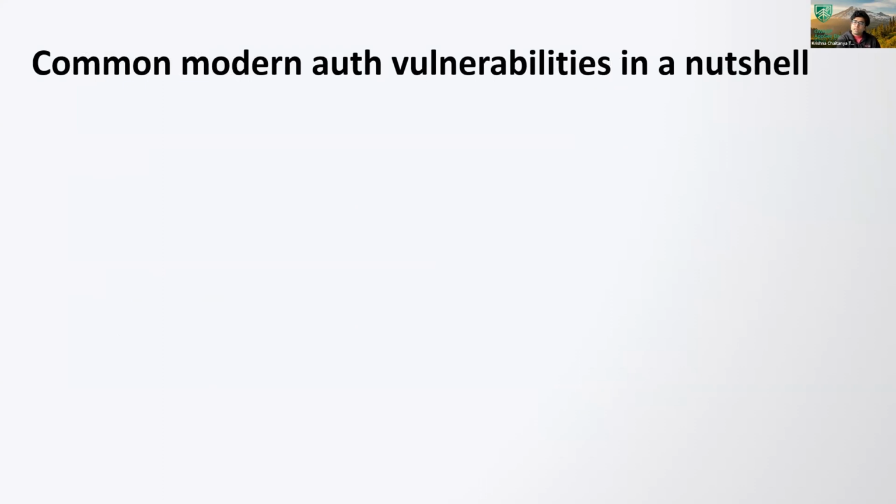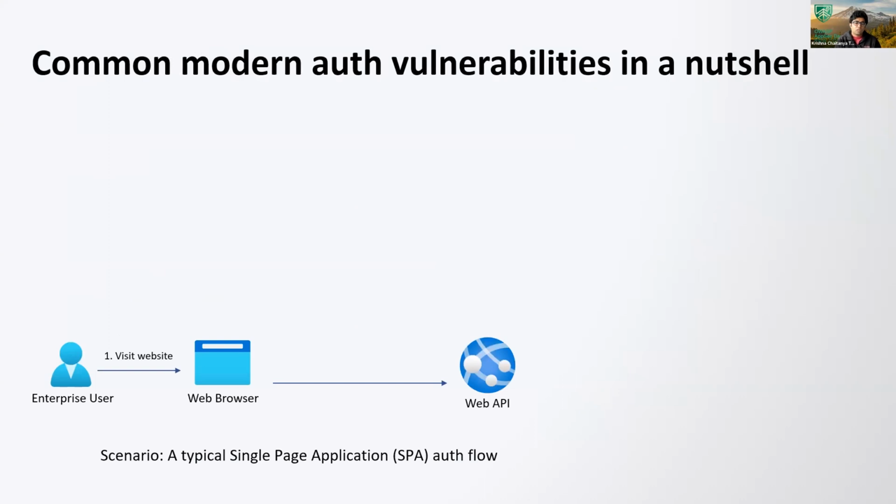But first, let me take a very basic scenario, which is a simple enterprise user using a web browser and trying to access a web API. Like I showed a couple of slides ago, there are several feasible scenarios, and it's not practical to demonstrate all of them. So I thought let's take a very simple single page application, because that is the most common thing that we see across. Then we have this identity provider.